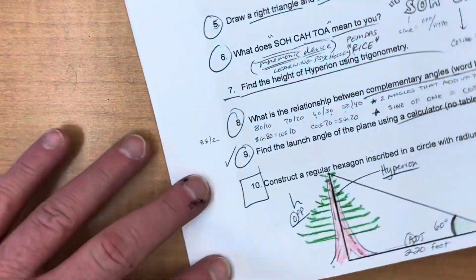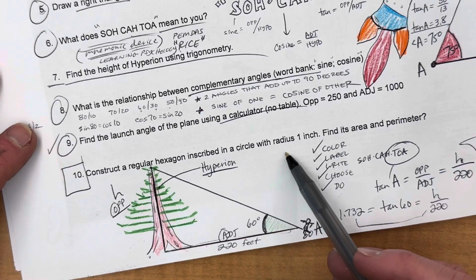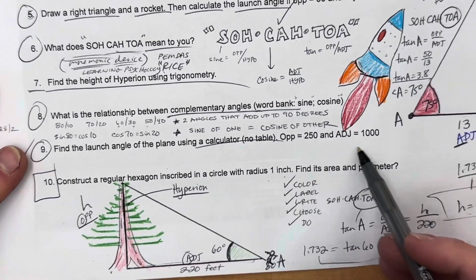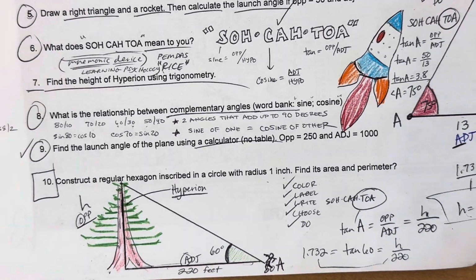The question is, construct a regular hexagon inscribed in a circle with radius 1 inch. Find its area and perimeter. Okie doke. Let me get a scratch sheet.